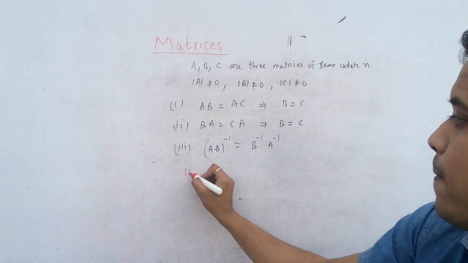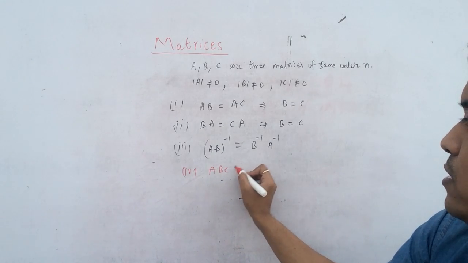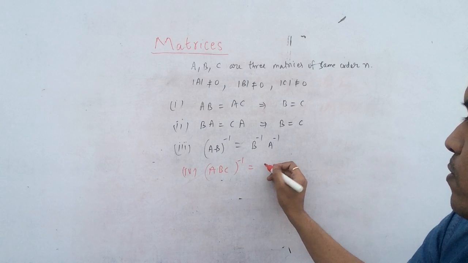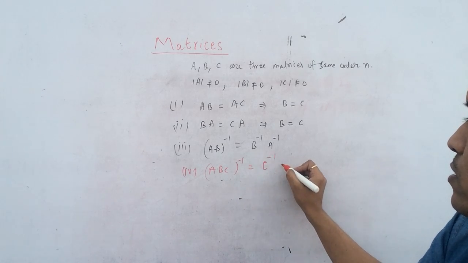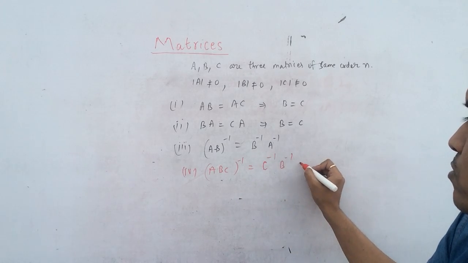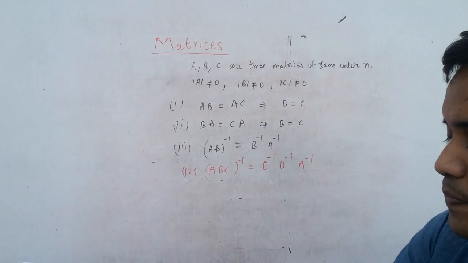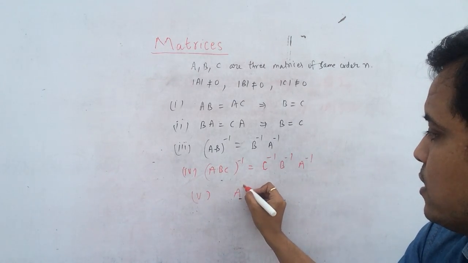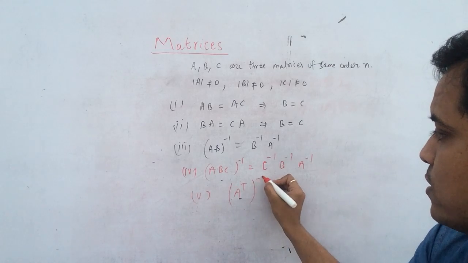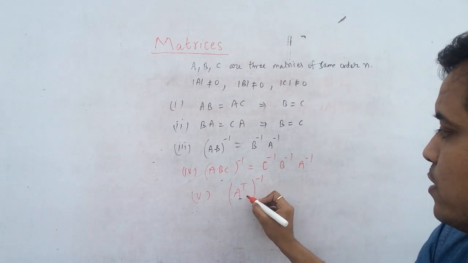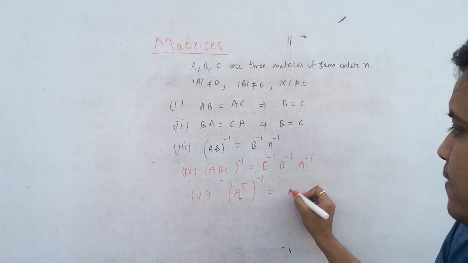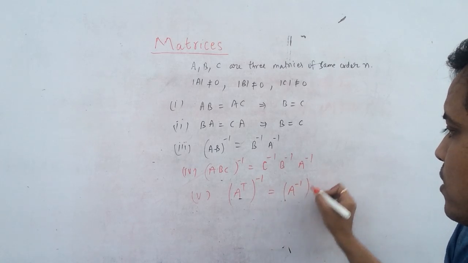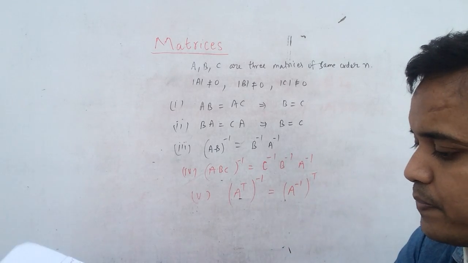Similarly, (ABC) whole inverse would be equal to C inverse into B inverse into A inverse. The fifth one is, if you take the transpose and then the inverse, the inverse of A transpose would be A inverse transpose. This is possible.